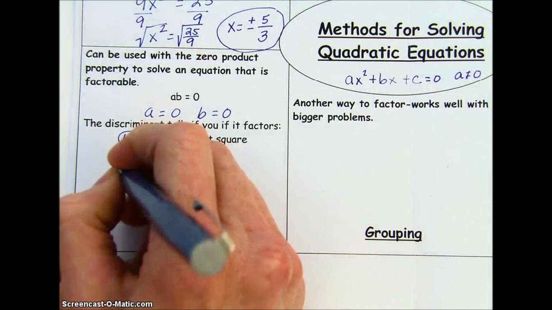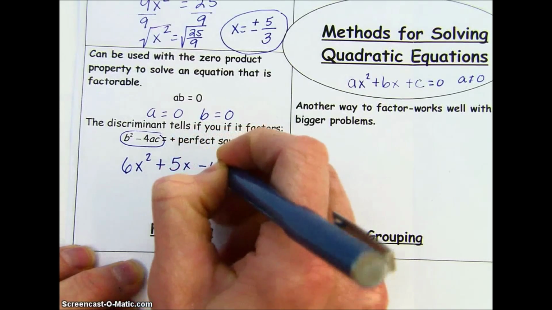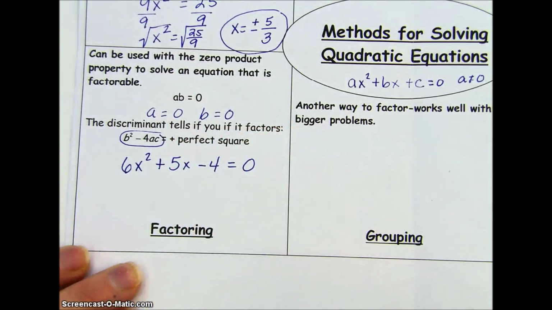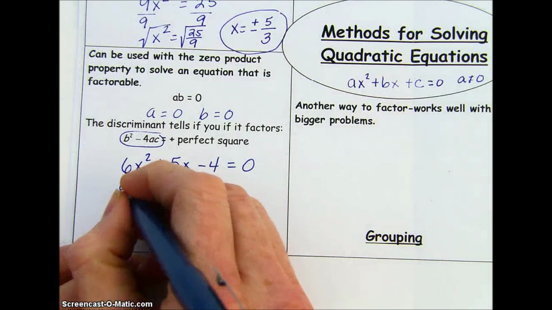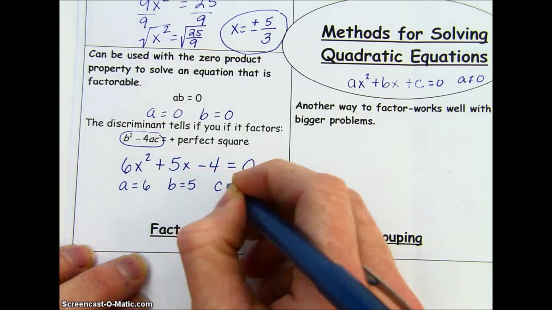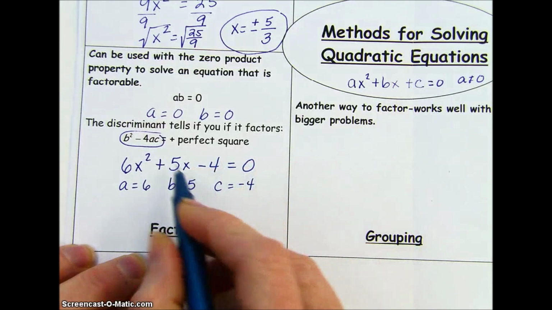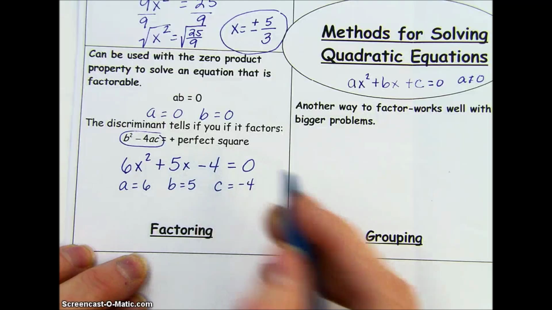So let's check out 6x squared plus 5x minus 4 equals 0. To test to see if this will factor, we are going to say a is 6, b is 5, c is negative 4, and we are going to simply plug into the discriminant formula to see if this is a positive perfect square.